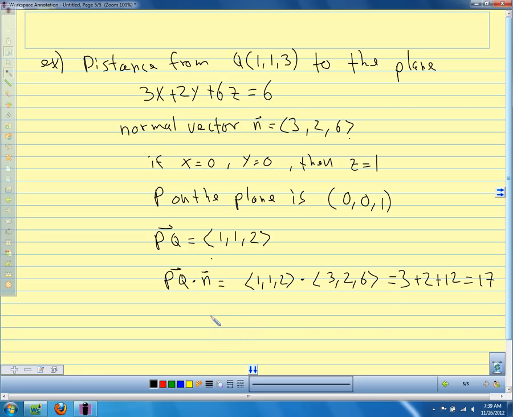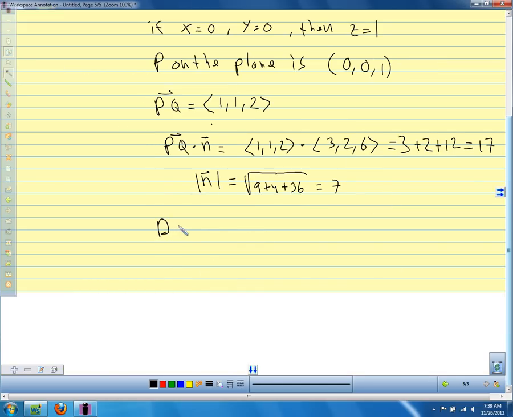And the magnitude of our normal vector is going to be the square root of 9 plus 4 plus 36, which equals 7. So our distance is 17 over 7.